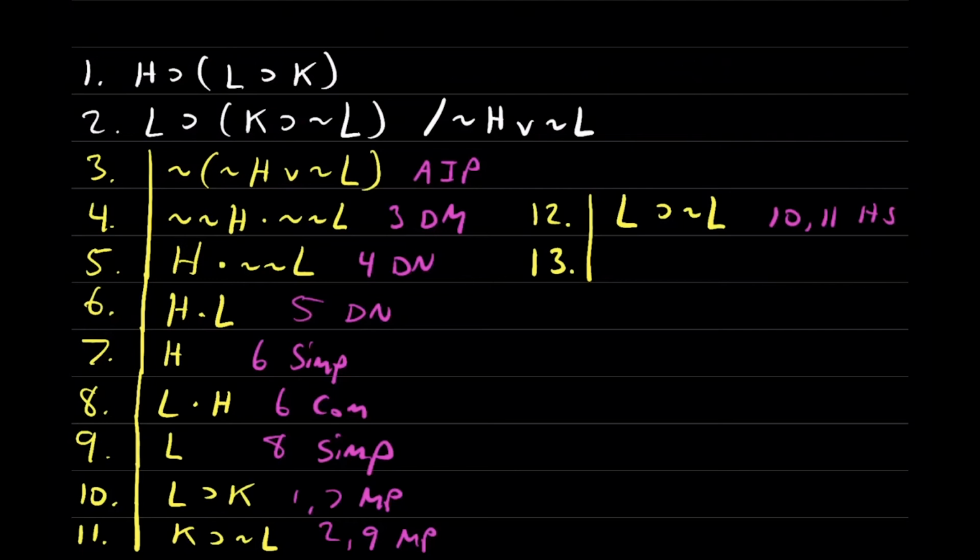Well, I know L is true on line 9. So from line 9 and line 12, I can get not L. And that's going to follow from line 9 and 12 by modus ponens.